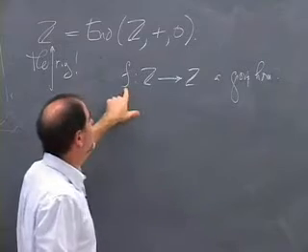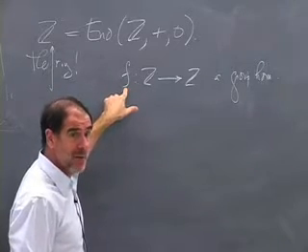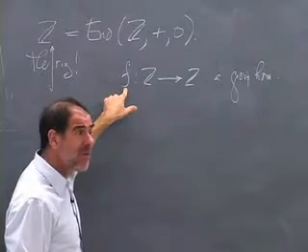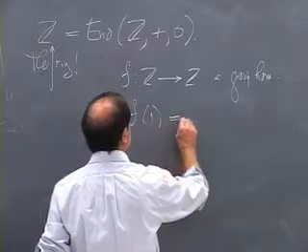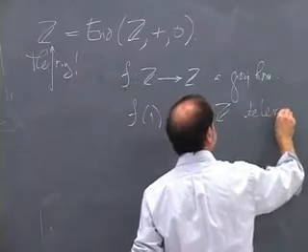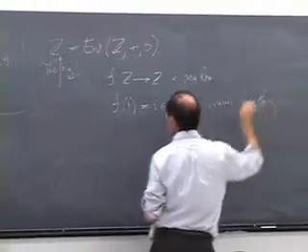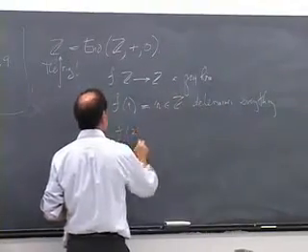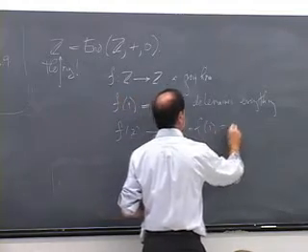Well, what determines a group homomorphism from Z to Z? F of 0 is 0, right? That we know. F of 1 is equal to some integer n in Z. That determines everything. Because if I want to know what F of 2 is, that's F of 1 plus F of 1, so it's 2n.